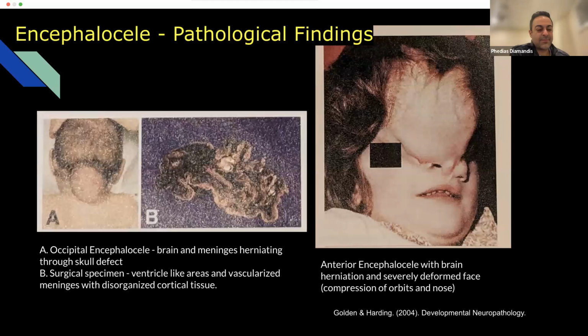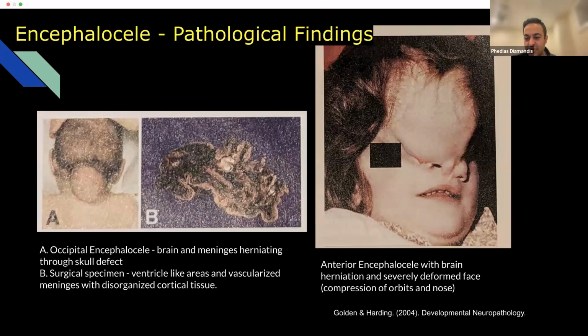So here is an example of an occipital encephalocele in panel A, with brain and meninges herniating through the defect in the skull, and the surgical specimen shows vascularized and disorganized cortical tissue with some ventricular elements.